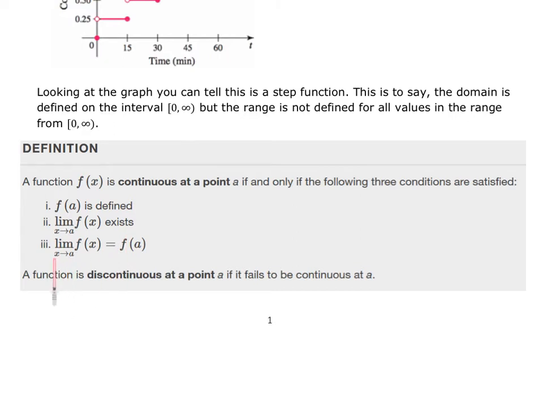And then the limit as x approaches a of f of x must equal f of a. If any one of these 3 fails, then we say it's discontinuous at the point a. Not all of them have to fail, only one has to fail. So if it's not defined, or the limit doesn't exist, or the limit does not equal the function evaluated at a, then we say it is discontinuous.